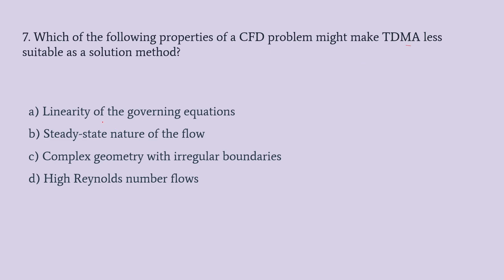Options are: option A, linearity of the governing equations; option B, steady state nature of the flow; option C, complex geometry with irregular boundaries; option D, high Reynolds number flows. Again, a simple question. Try to answer the question. You can inbox your answers.